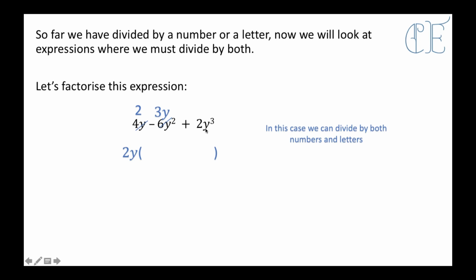And finally, 2y cubed, well, 2 divided by 2 gives you 1, which we don't write, and then y cubed divided by y means that one y goes, leaving us with y squared. So in here we have 2 minus 3y plus y squared.